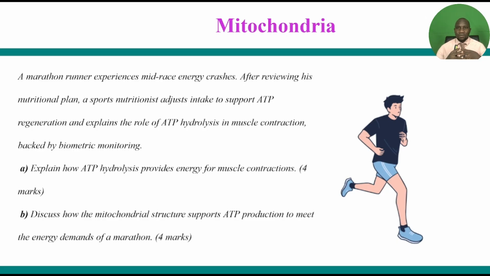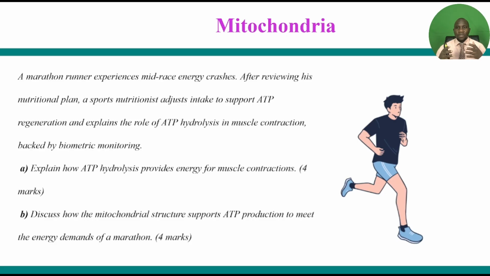So what we are having here is that if you're running a marathon, you need to have energy, because if you don't have this energy in the form of ATP, you can't run. The process of producing this ATP is respiration, and this can happen aerobically or anaerobically. What you need as a marathon runner is to respire aerobically, in the presence of oxygen, and that is when you have more energy and when you don't have lactic acid accumulating.